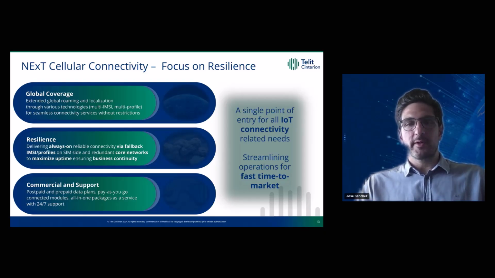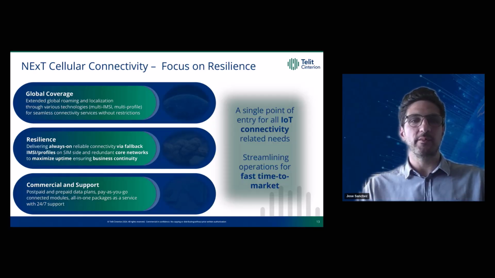So these three pillars are essential, and what we have actually done to deliver value to mission critical applications will be described in the next couple of slides.